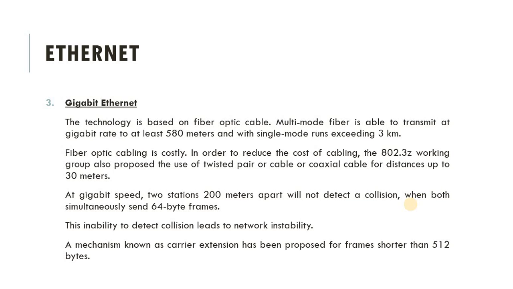This inability to detect collisions leads to network instability. A mechanism known as carrier extension has been proposed for frames shorter than 512 bytes. Because optical fiber is costly for short distances, we use coaxial cable or twisted pair cable.